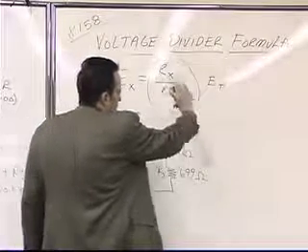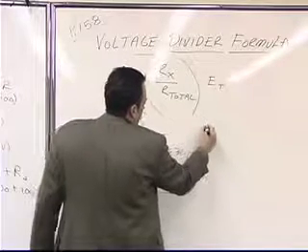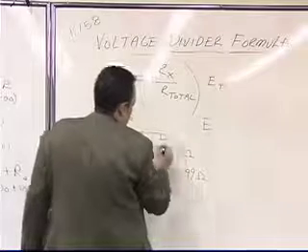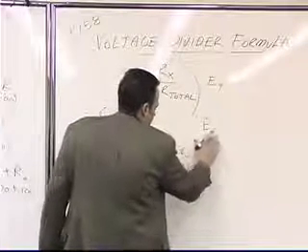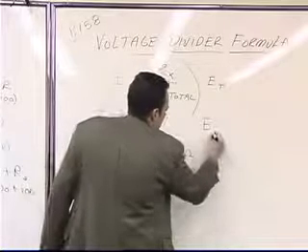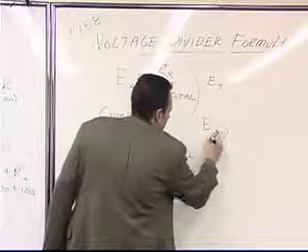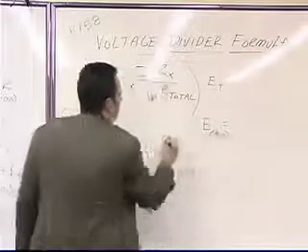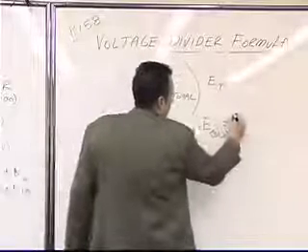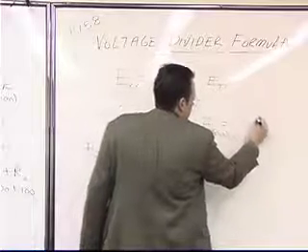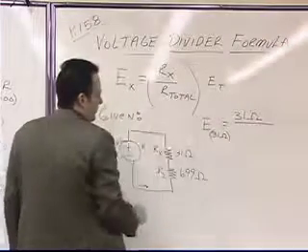So if we were to rewrite this, we could rewrite this as the voltage drop across resistor number 1. Well, actually, let's even be more specific. The voltage drop across the 31 ohm resistor is equal to the resistance of the 31 ohm resistor. That's 31 ohms. Divided by the total resistance.